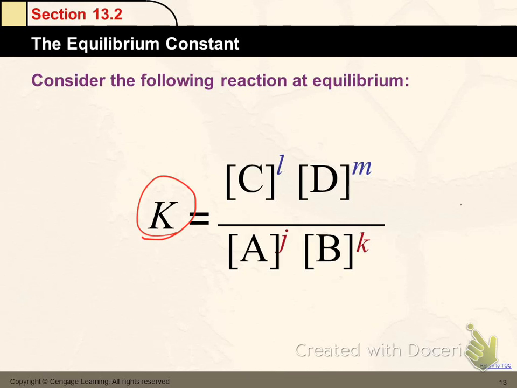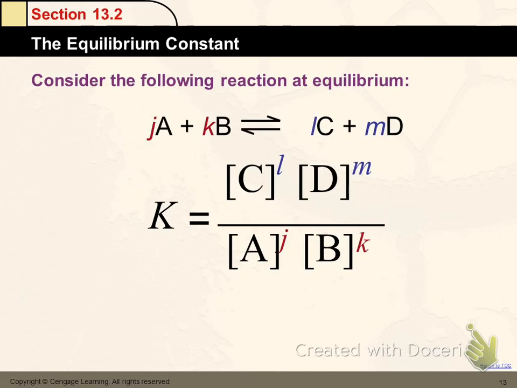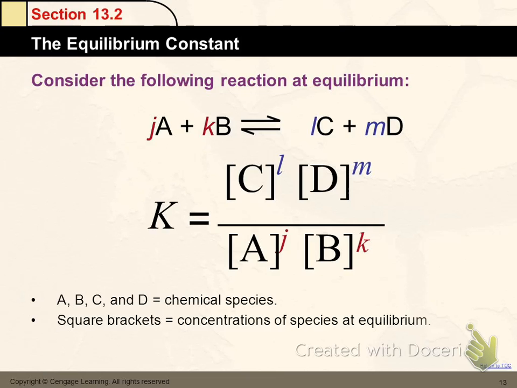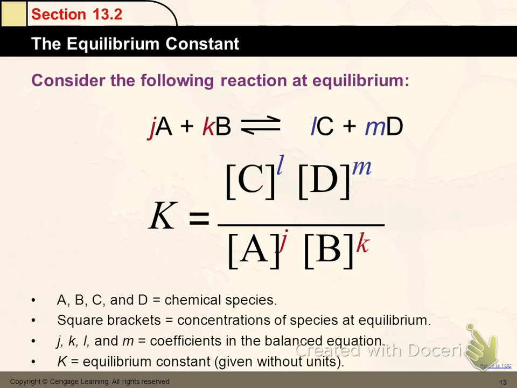Now, a couple things about our equilibrium constant. These letters that we have in there, the J, K, L, M, these are going to be our coefficients that we're dealing with from the balanced equation. Of course, by now we should know that the square brackets let us know it's concentration, and the actual letters are the chemical species that are a part of the reaction.